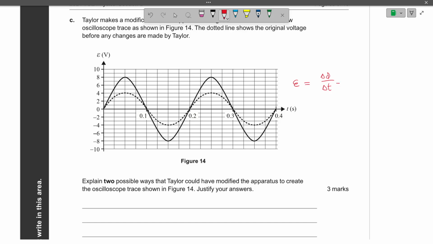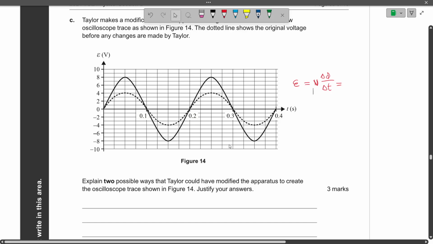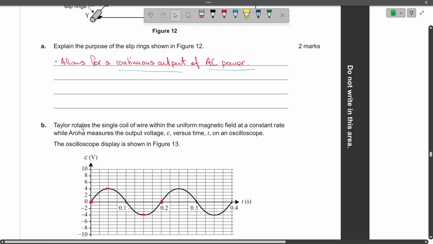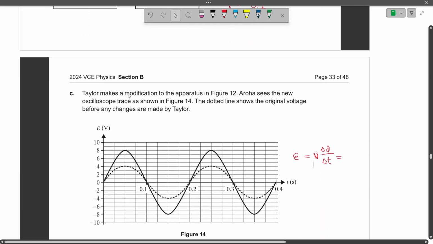The only thing that we could be doing is playing around with the flux, but I also neglected N. N is the number of turns in your coil. Okay, does it say anything about it? Taylor rotates a single coil of wire, and then it just says Taylor makes a modification.